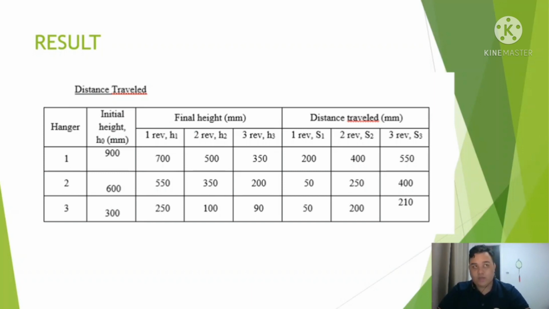So it means that the bigger the wheel, the bigger the distance travel, as we see here. For hanger one I used the bigger wheel, for the second one the medium, and the last one the small diameter of the wheel.